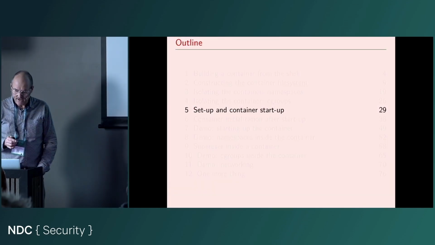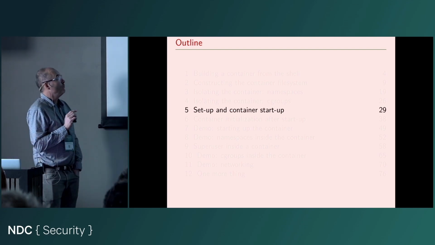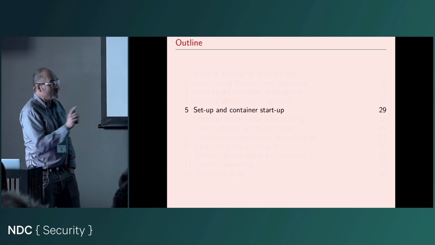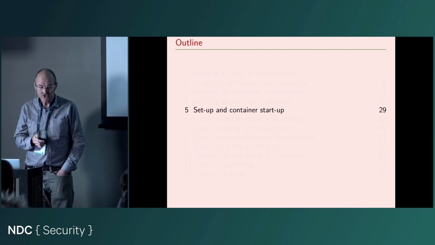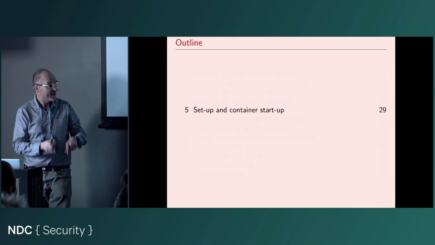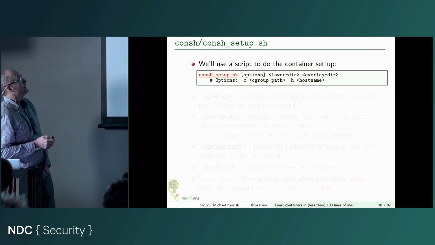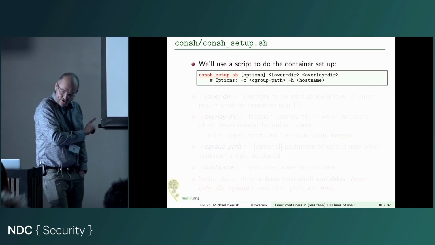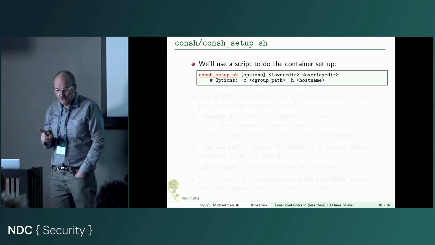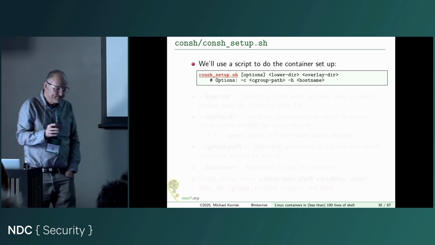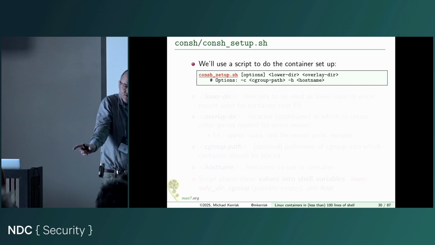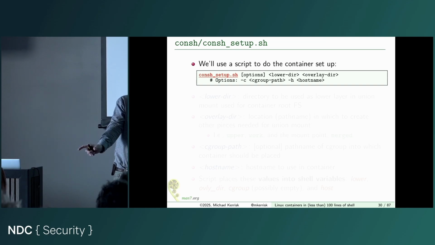Okay. Now we want to look at the commands to actually launch our container. So I've got another script here. It takes a few arguments. One of them is the directory that contains the lower level of our file system, the directory that my first script created.